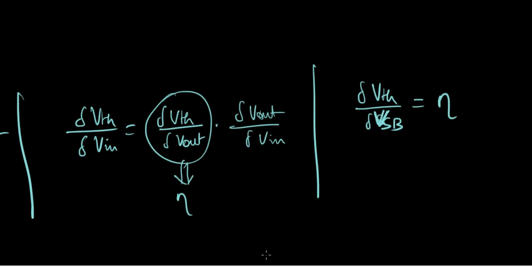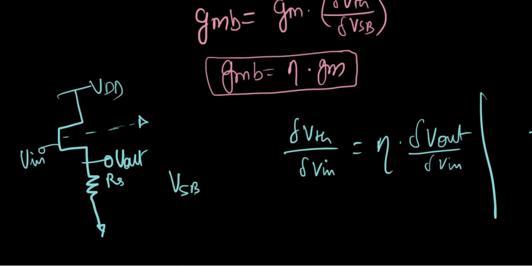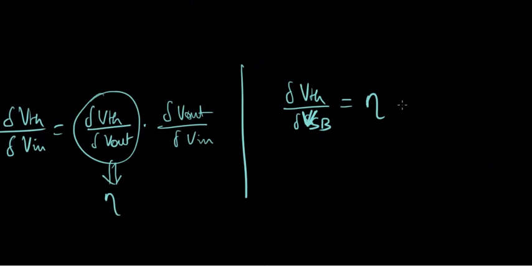For this structure, the common drain, VSB is what? This is the source and this is the bulk, so VS minus VB equals V out minus 0. So it's just V out. So this can be said as equal to delta VTH over delta V out.